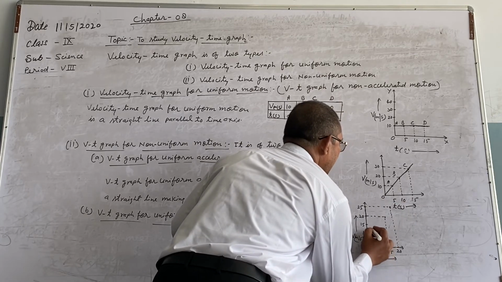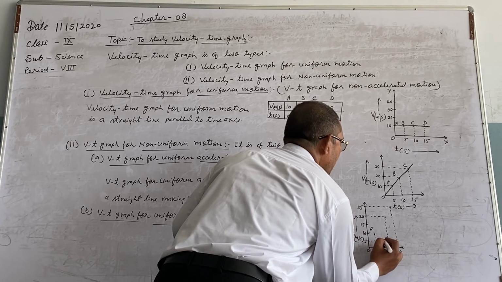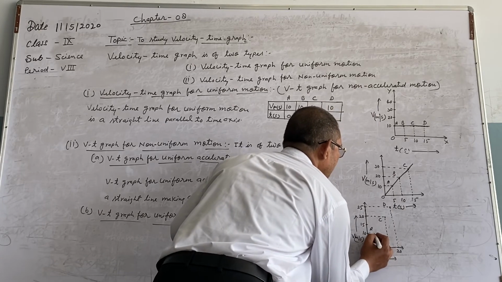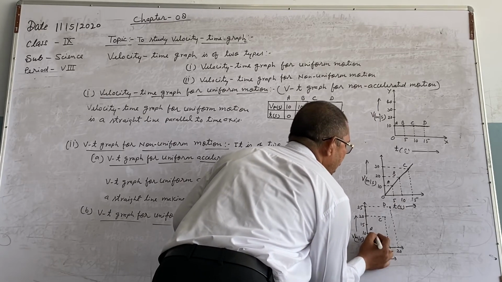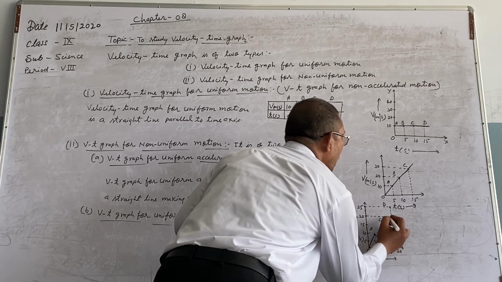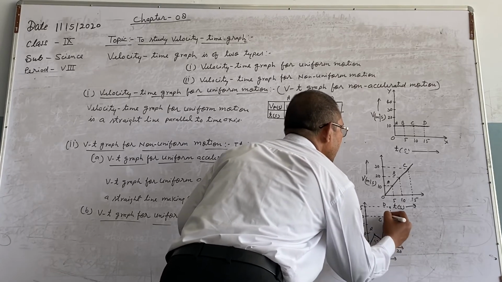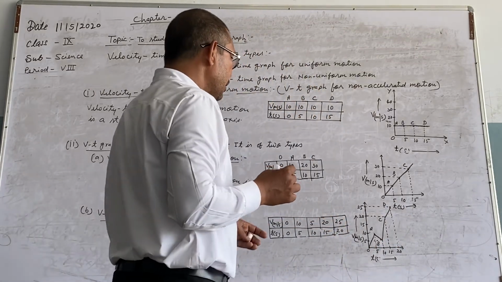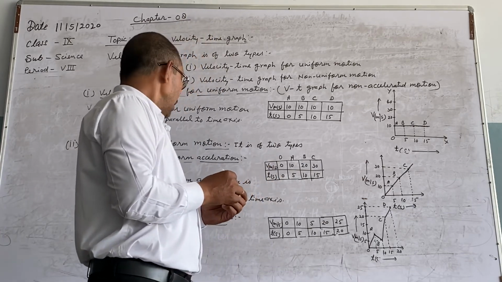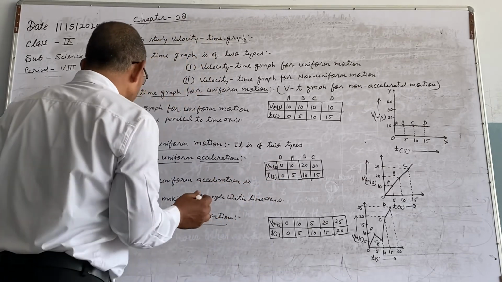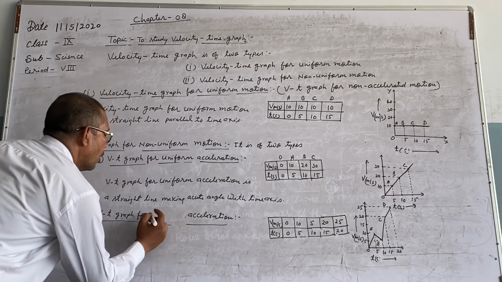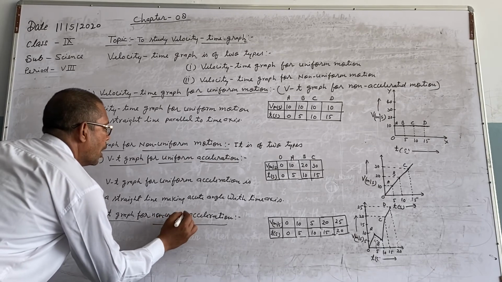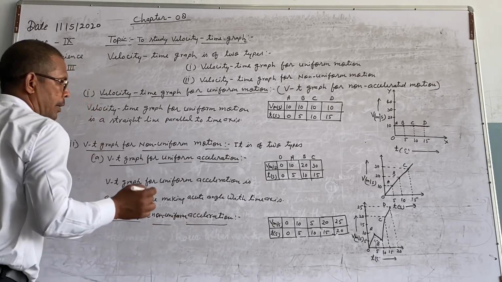So point A, B, C and D. So join them like this, and B again this and this one. So this is the velocity time graph for non-uniform acceleration, right?